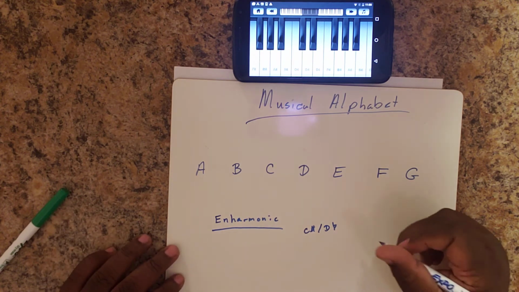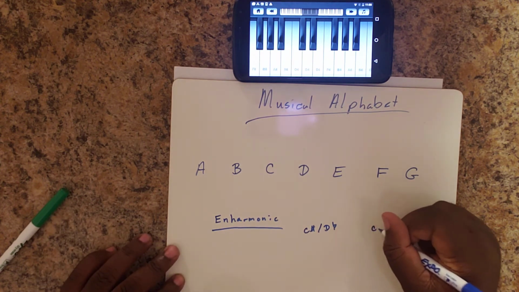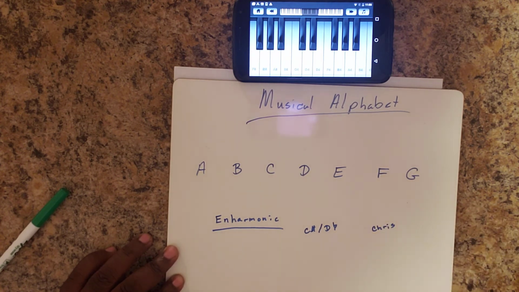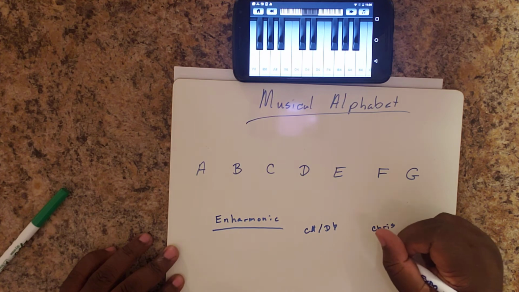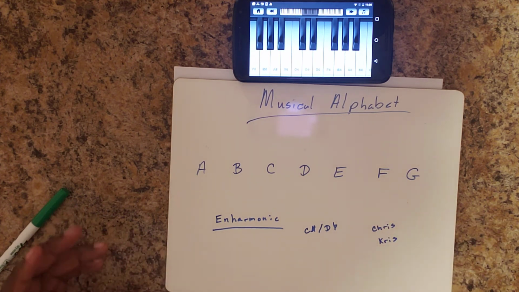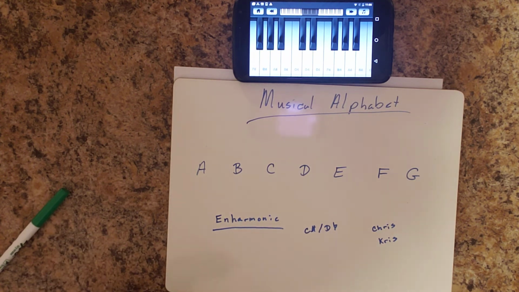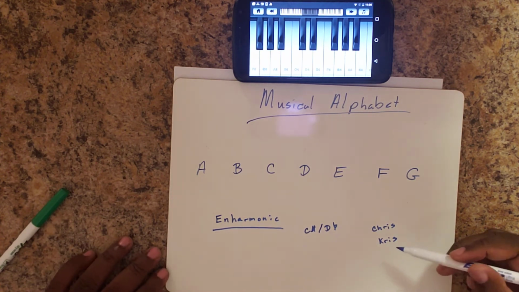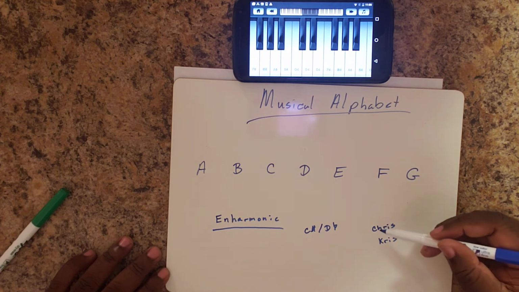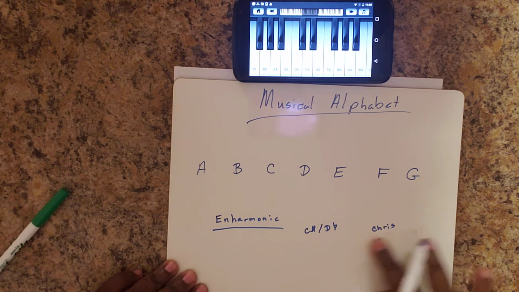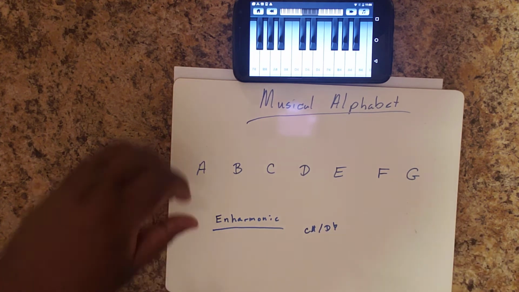That's kind of how my first name is Christopher, but you can spell Chris, C-H-R-I-S, or K-R-I-S. It sounds exactly the same. There wouldn't be any difference in how you would pronounce it, but it's spelled differently based on the fact that you started with a K here and you started with a C here. So it sounds the same, but it's spelled different. That is the definition of enharmonic, and I'll write that.